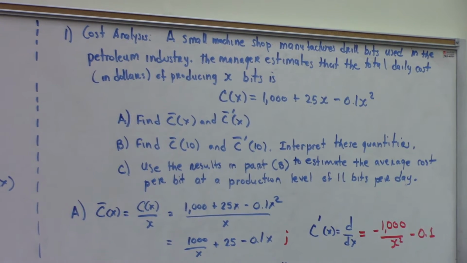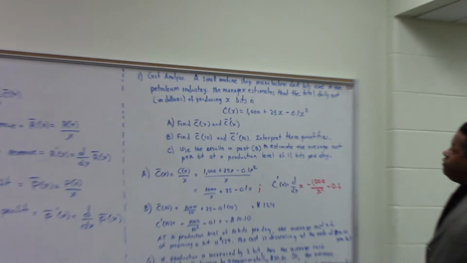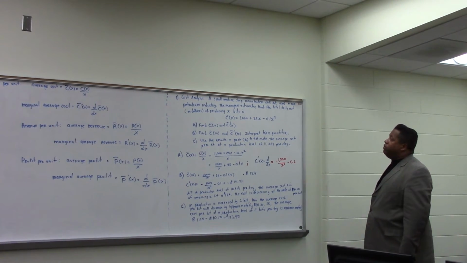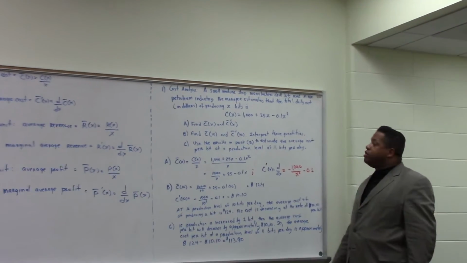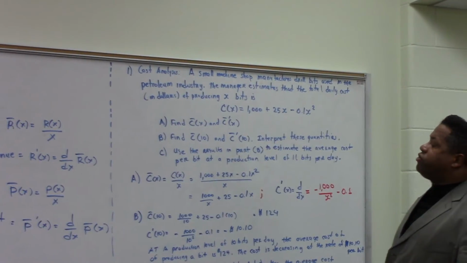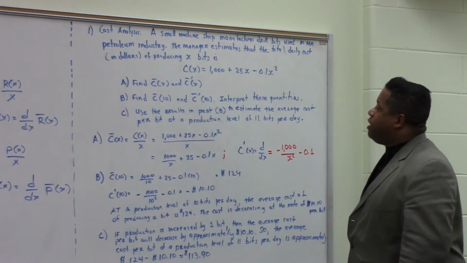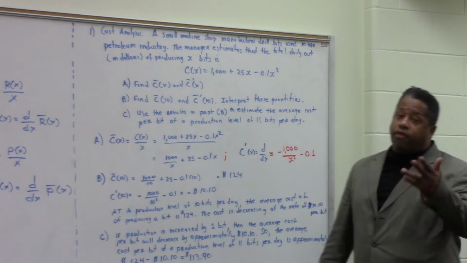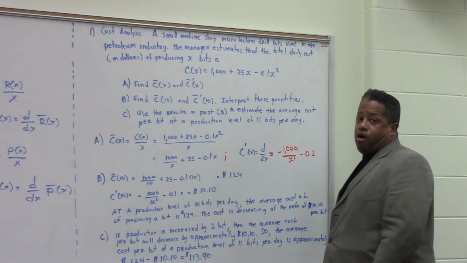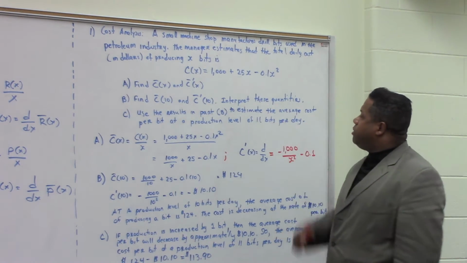So we want to substitute the value of 10 into the equation C bar, and after that we also want to substitute the value 10 into the derivative once we find the derivative of C bar. And then we want to interpret these quantities.